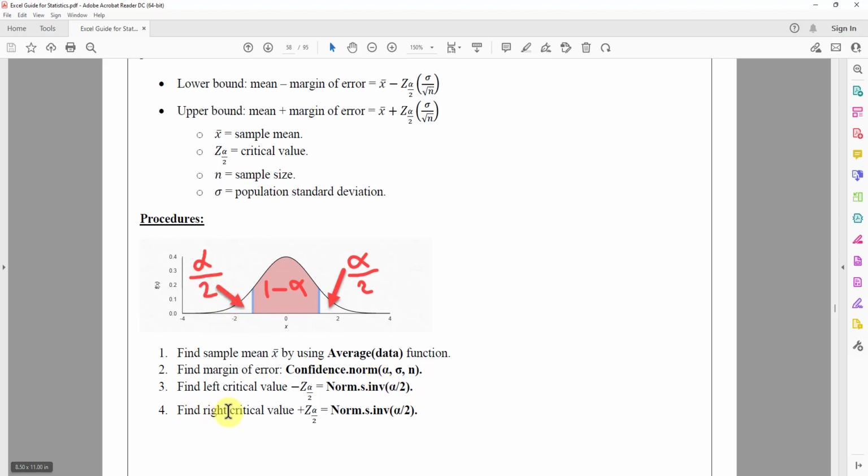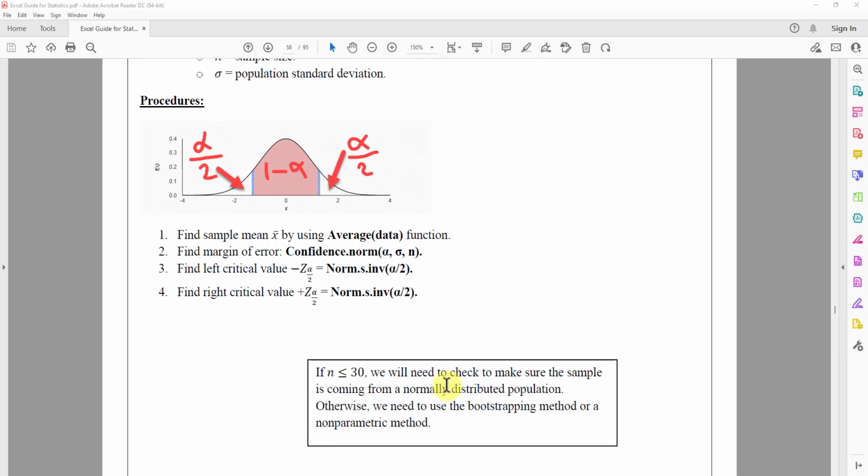And then for the right critical value, once we know the left critical value, we just change the sign to get the right critical value, because they are symmetric. They just differ in the sign.